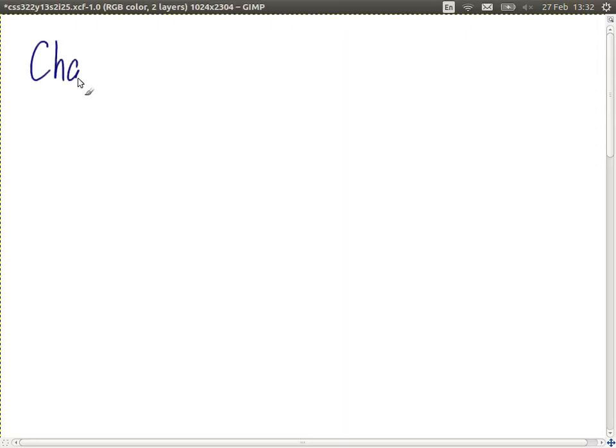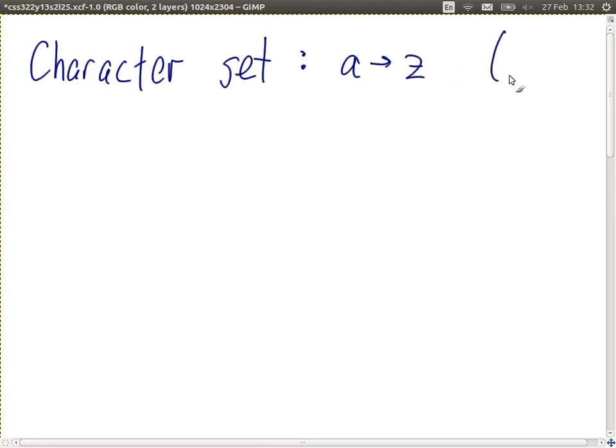If we have, what do we say? The character set of our password to get started is A through to Z. That is, there are 26 letters.